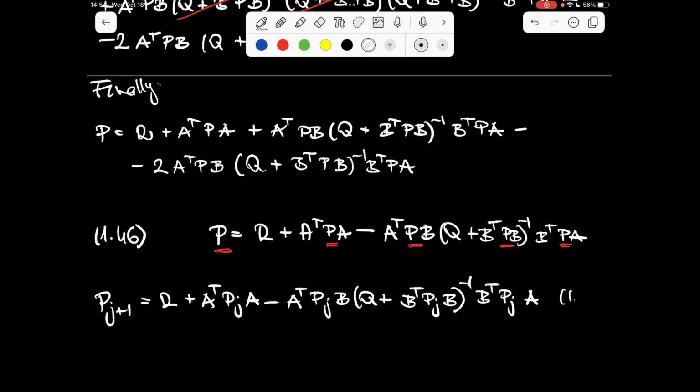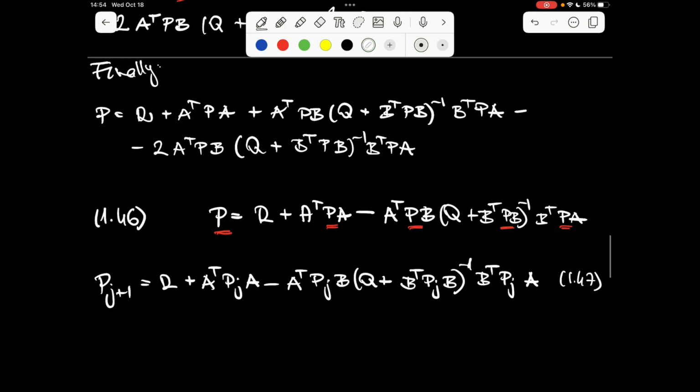This is equation 1.47. We have an initial guess, a zero matrix, and under certain conditions which are specified in the textbook, the other parts of the job can be completed by MATLAB. Okay.